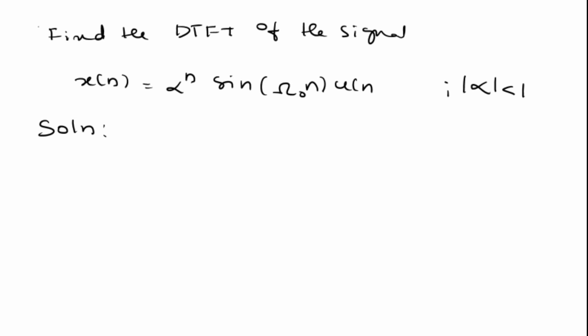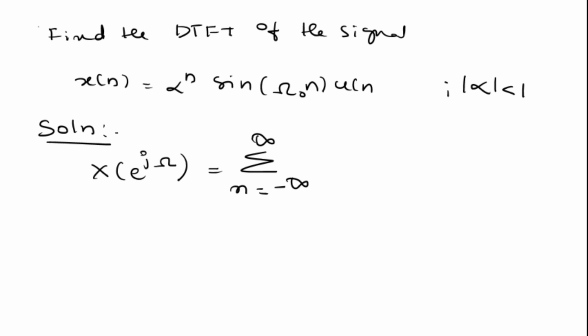We know that X of e power j omega is equal to summation n is equal to minus infinity to infinity x of n into e power minus j omega n.